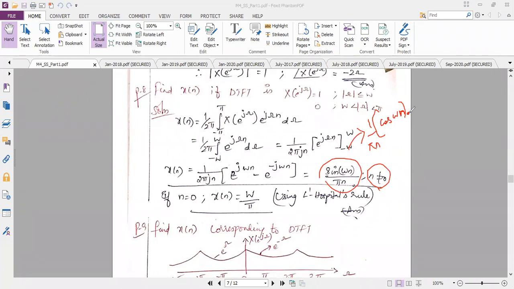Anybody? Omega, w. Okay, well, that is a constant term, right? So now I will take the complete term as the differentiation factor. Let me check once again. You should get w by pi as the answer.